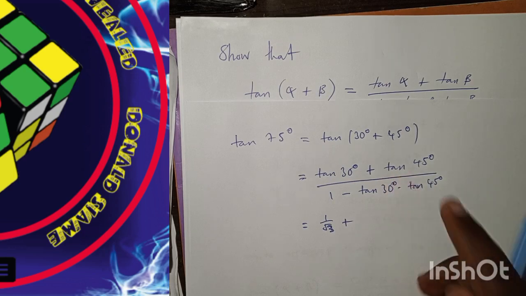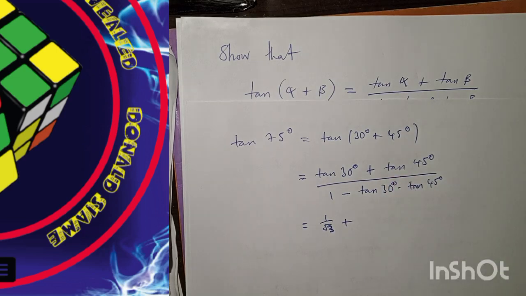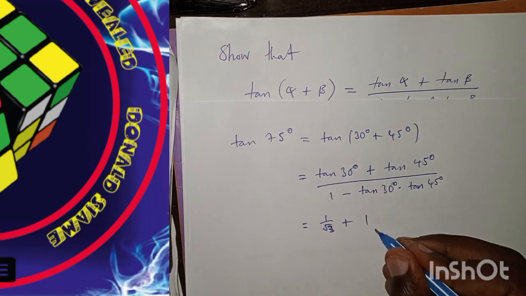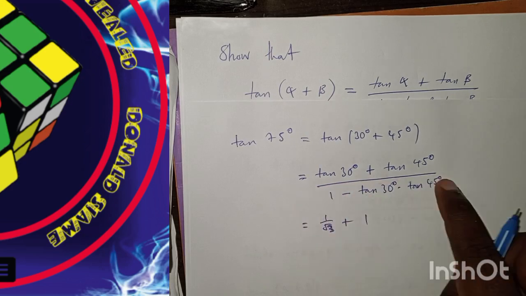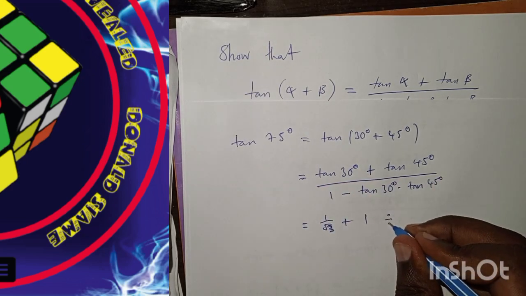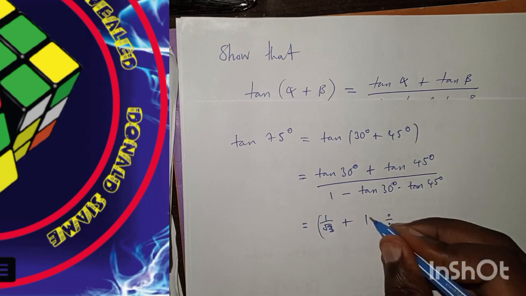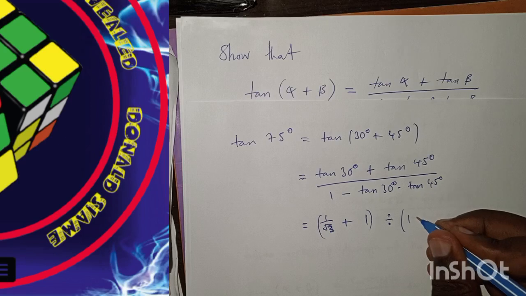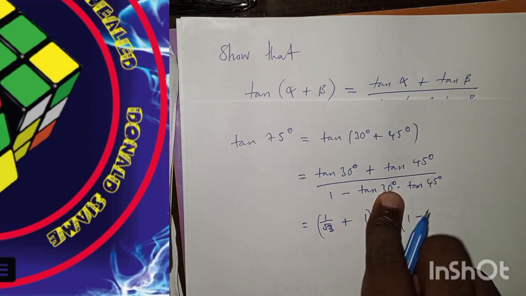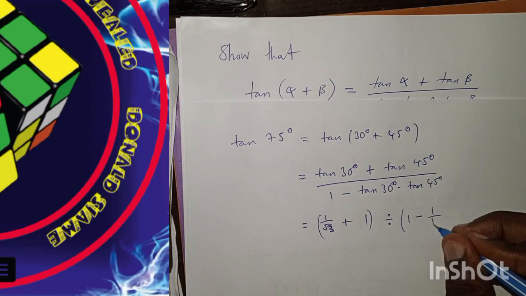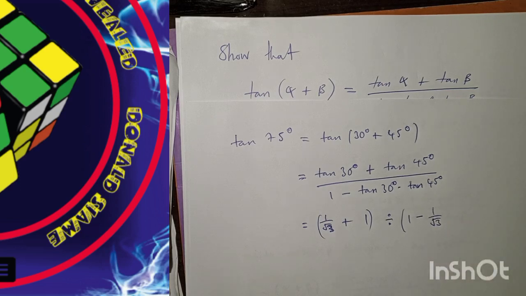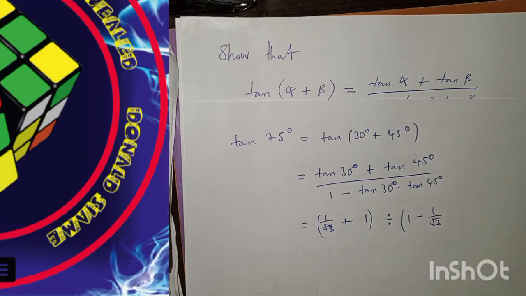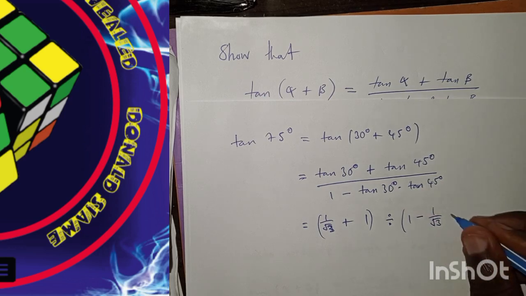What is tan 45? Tan 45 is just 1. So plus 1. Okay, since we are dividing here, let's just say divide by. You can put this in brackets. Divide by. Then we have 1 minus tan 30 degrees, again it's 1 over square root of 3. Then tan 45 is 1, so you just remain with 1 over square root of 3.